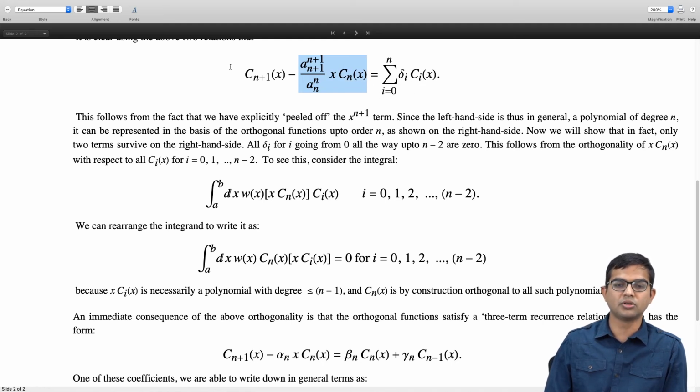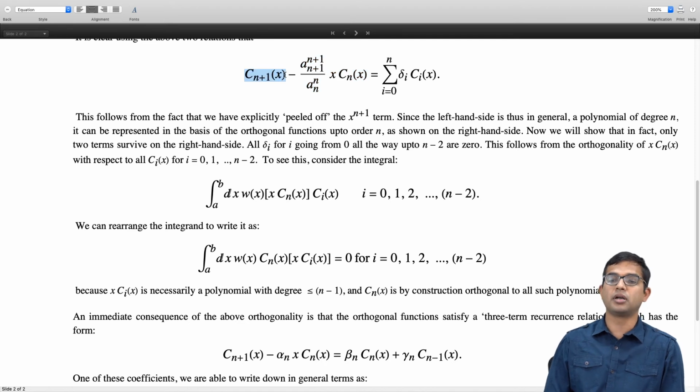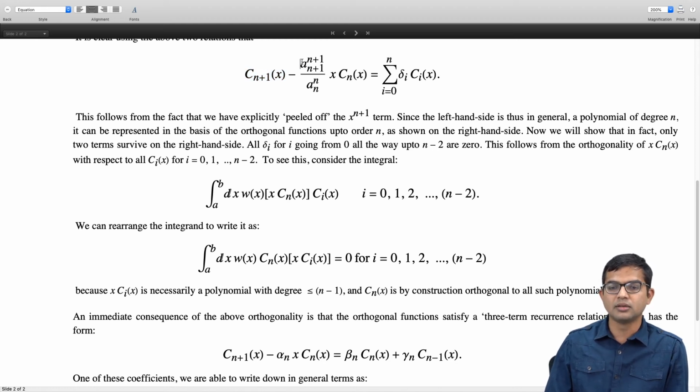Only from the second term, because this first term will have no component coming from any Ci of x, not just i less than or equal to n minus 2, but for any i other than n plus 1. This is not going to contribute because there's already an orthogonal polynomial with index n plus 1, and every other orthogonal polynomial whose degree is less than or equal to n minus 2, we have explicitly shown cannot appear here.